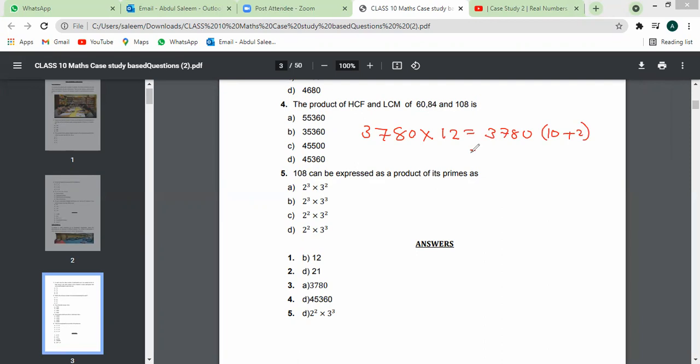So what about this value? 3780 into 10 is 37800.